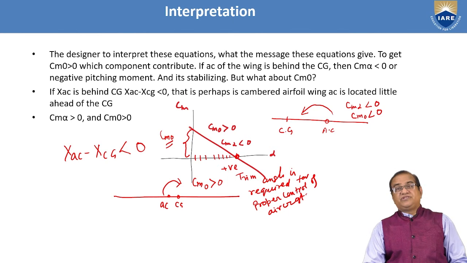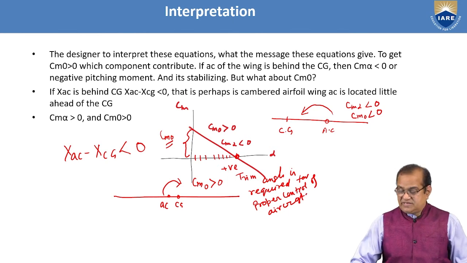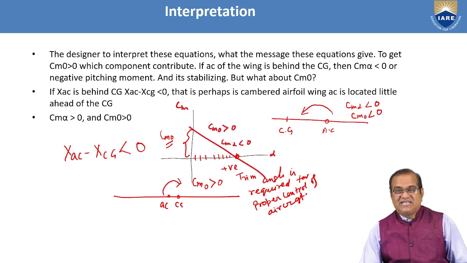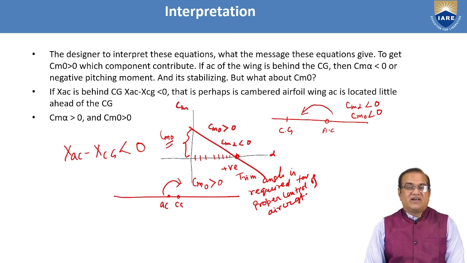aircraft. So this is the interpretation, and as the engineer or designer of the aircraft, we should ensure that CM naught should be positive and the slope CM alpha should be negative, and this can be achieved only when we use the cambered aerofoil on the main wing in such a way that the aerodynamic center falls ahead of the center of gravity of the aircraft.